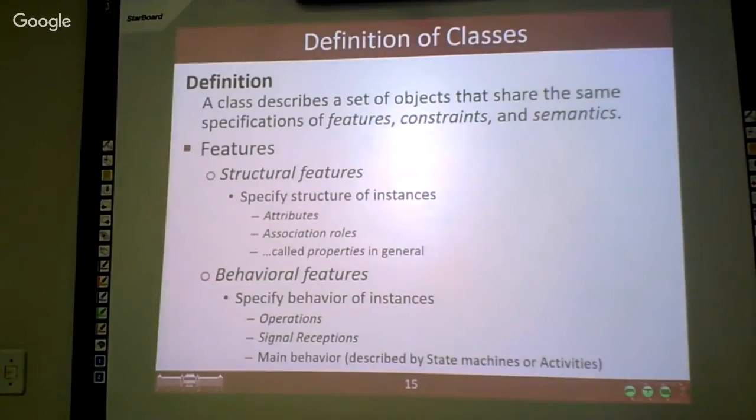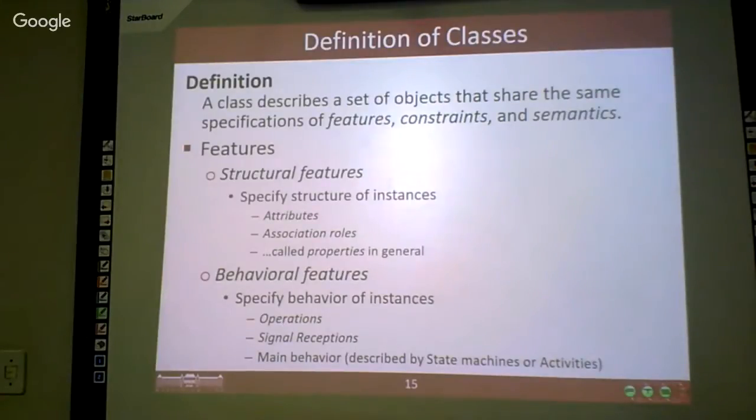It says that a class describes a set of objects that share the same specification of features, constraints, and semantics. So this definition is very similar to the general definition of classifiers. It just inherited this definition.